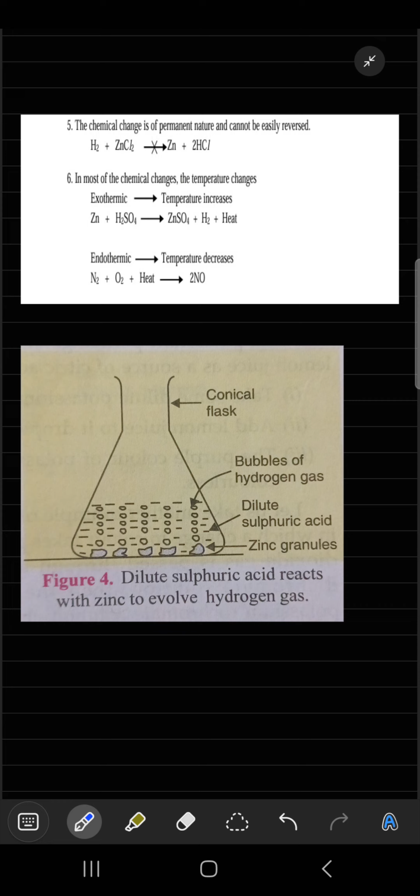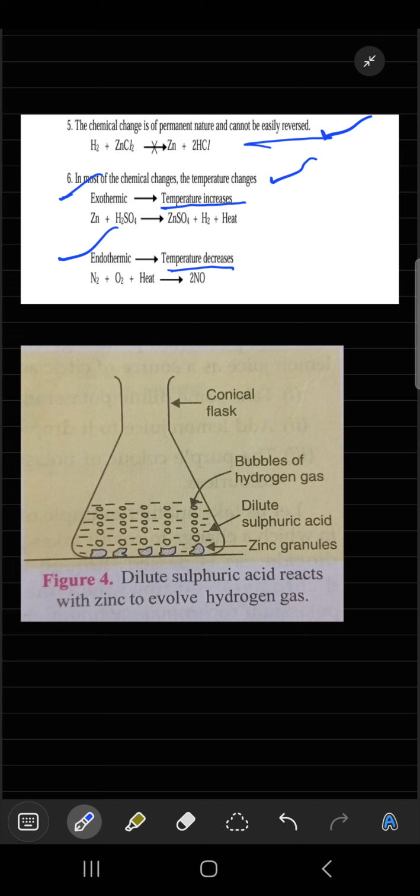The fifth indicator is that it is nearly impossible to reverse the chemical reaction. The sixth indicator, which is very important, is a change in the temperature. When the temperature increases, it is called an exothermic reaction, and when the temperature decreases, what we get is an endothermic reaction.